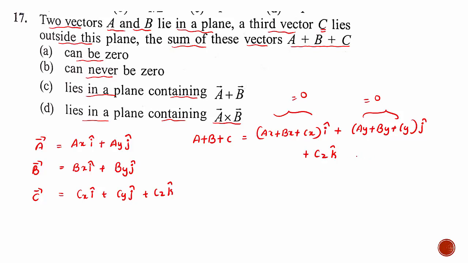So if it will never be 0, option B is the right answer. So A plus B plus C can never be 0 because the third vector C is not lying in the same plane. It is not coplanar. It is not a coplanar vector. It is a non-coplanar vector. So it can never be 0.